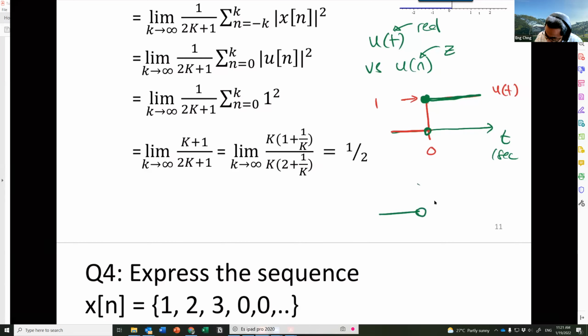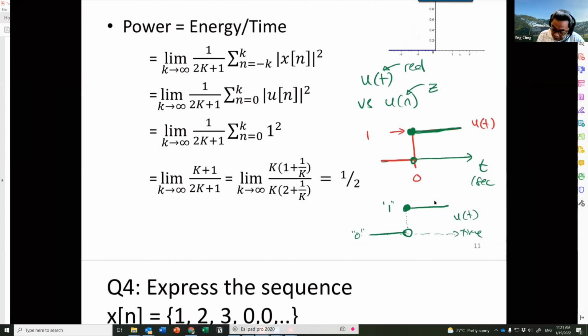Open interval, closed interval, and there's nothing in between here. Okay. And this is time. And this is value 1. And this is value 0. And this is u of t.